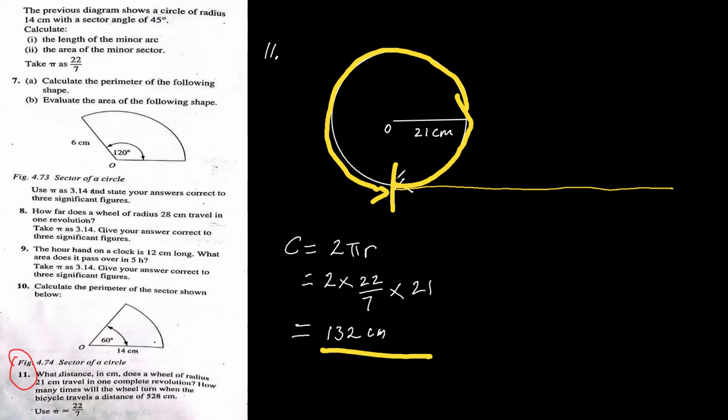Antonio, you ride a bike? Yes, sir. If this is a bicycle wheel, and you find the circumference of the bicycle wheel, or you put a thread and get the length around the bicycle wheel, that's one revolution. One circle.